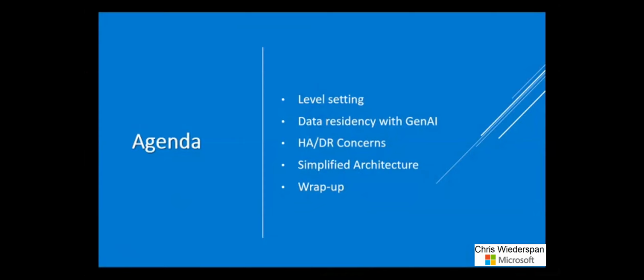Just real quick, high level, level setting. We'll talk a little bit about some important baseline information, data residency. That's a big part of Gen AI, especially when you're trying to figure out how to architect a large scale application. HA and DR concerns. I assume everybody is familiar with HA, high availability, and DR, disaster recovery.